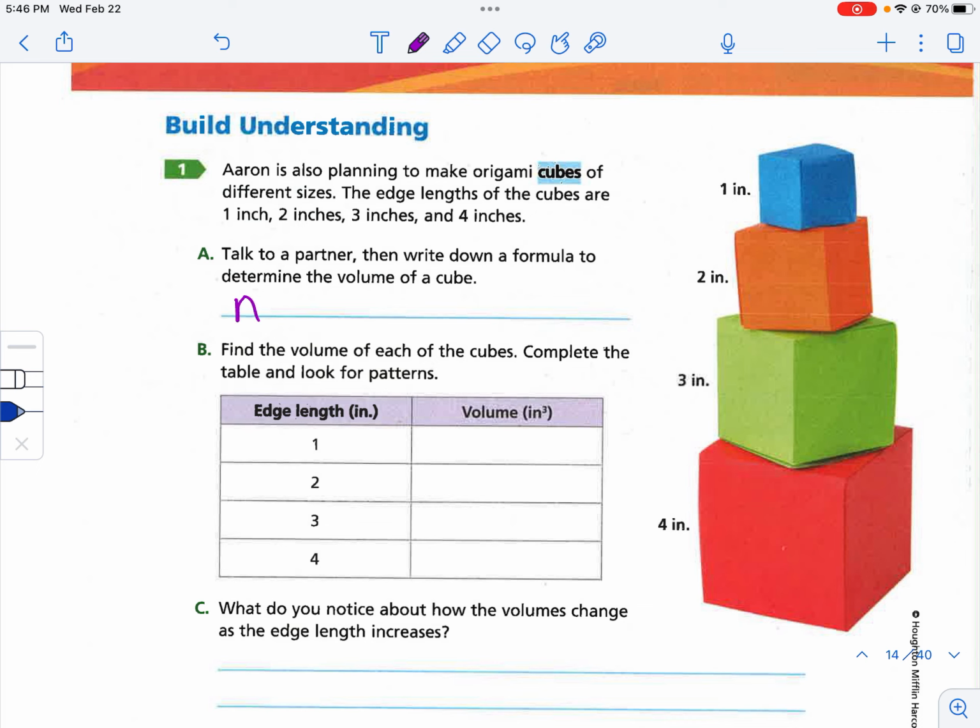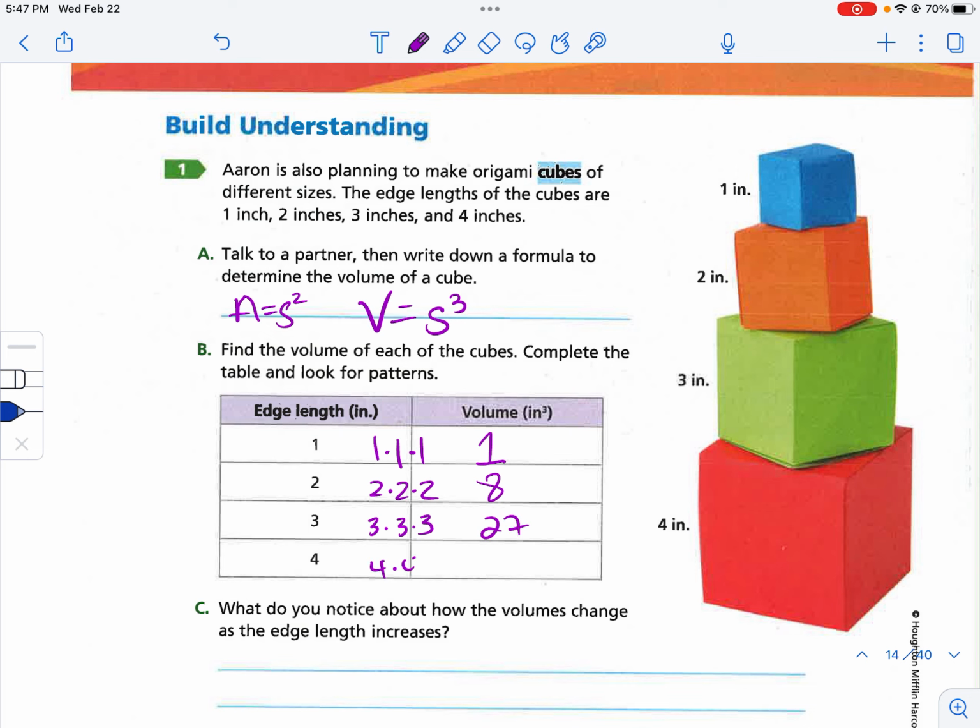So, area is side squared. If we're doing volume, we do side cubed. So, if I have 1 times 1 times 1, what would I get? I would get 1. If I had 2 times 2 times 2, I would get 8. 3 times 3 times 3, 27.